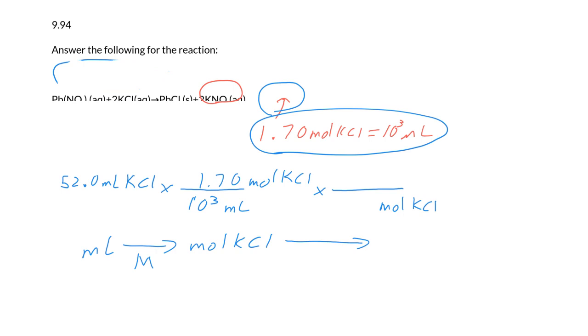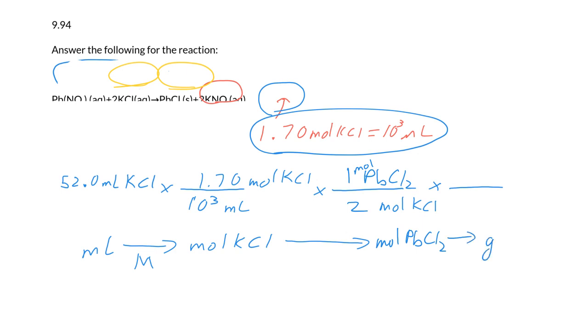It tells us our relationship between potassium chloride and lead 2 chloride. It tells us that we need 2 moles of potassium chloride for every 1 mole of lead 2 chloride that we're going to produce. So now we have moles of lead 2 chloride.